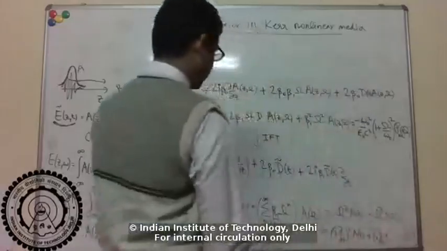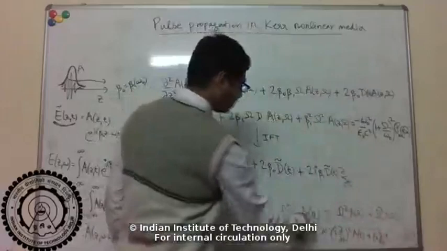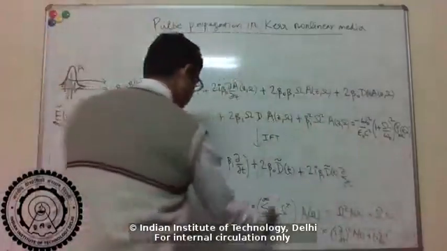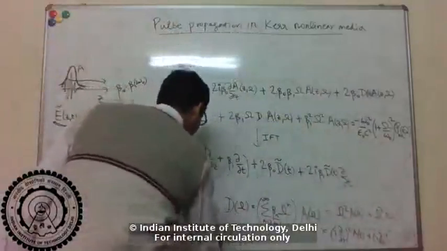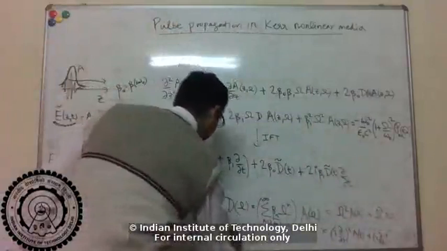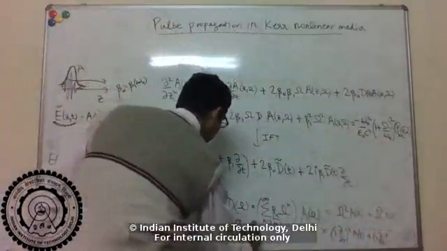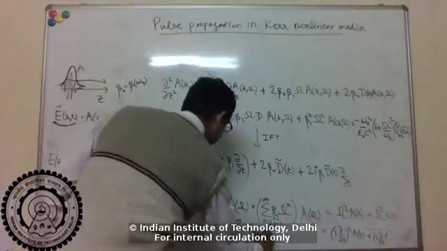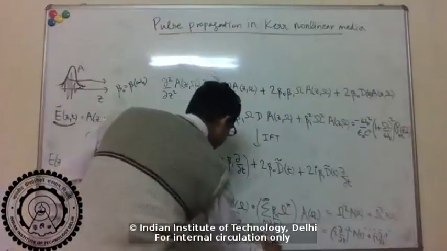So when you go back to the time domain, it's like operating D of t on A of t, where D of t is a summation of these nth order derivatives.